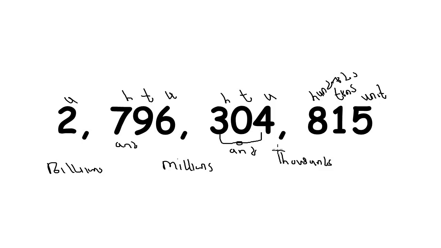Am I communicating? Perfect. Now, for the last group of three to the right, in between hundreds and tens, we will have and. And these are the basic things you need to successfully read out or write out any given number.